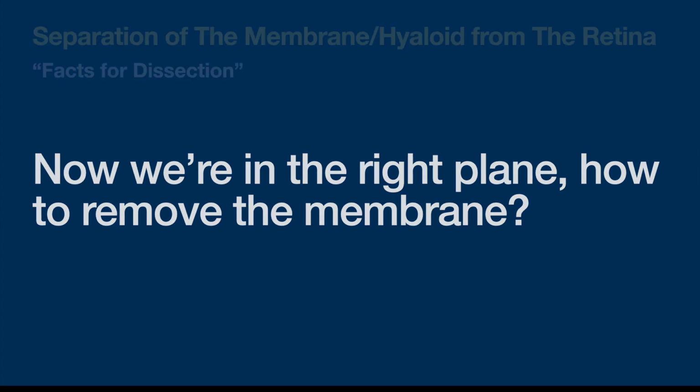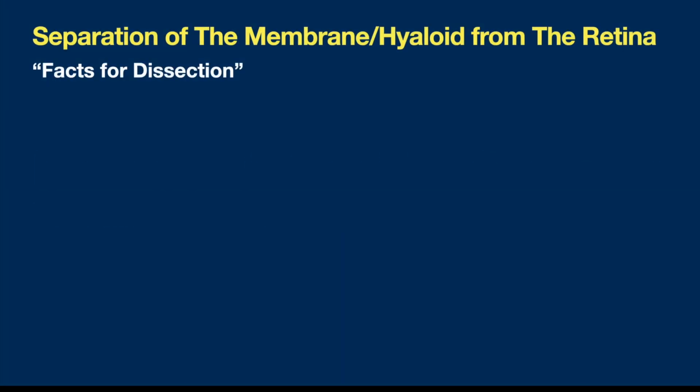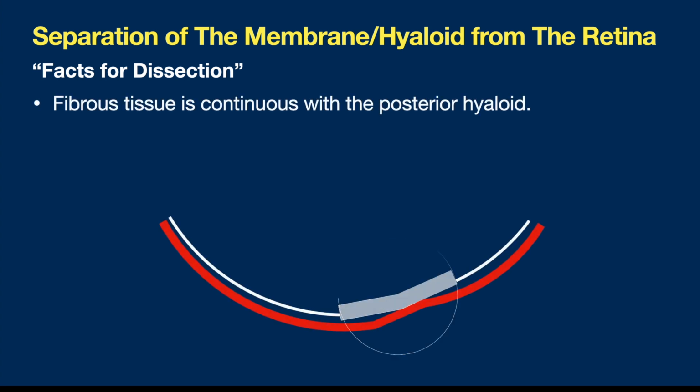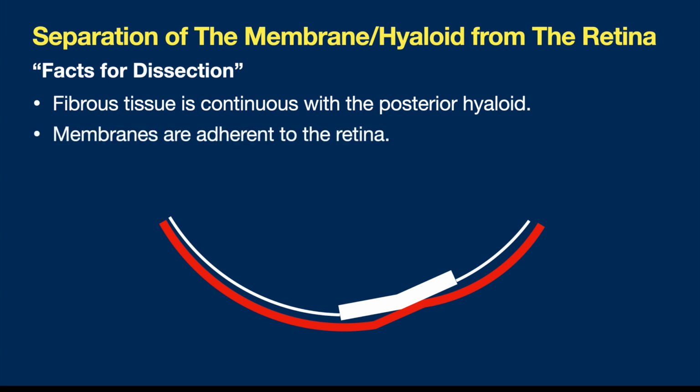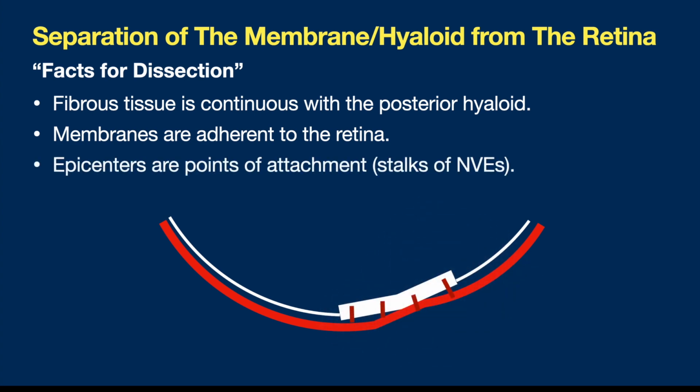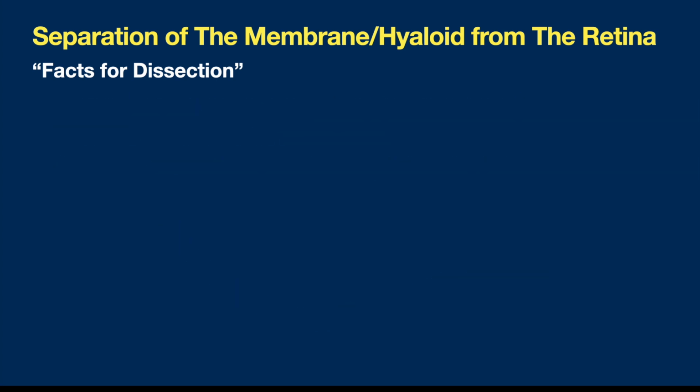How to remove the membrane? For the separation of the membrane and the hyaloid from the retina, we have facts for dissection. As I previously mentioned, the fibrous tissue is continuous with the posterior hyaloid membrane, and these membranes are adherent to the retina. There are also epicenters, which are the points of attachment, the stalks of the NVEs.